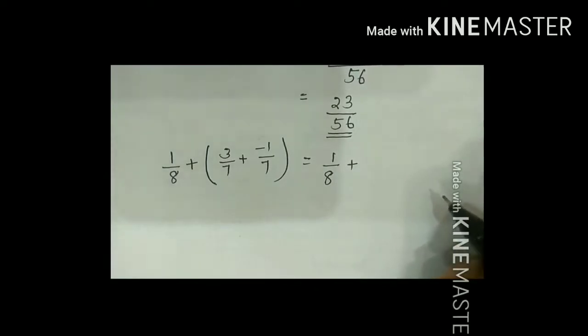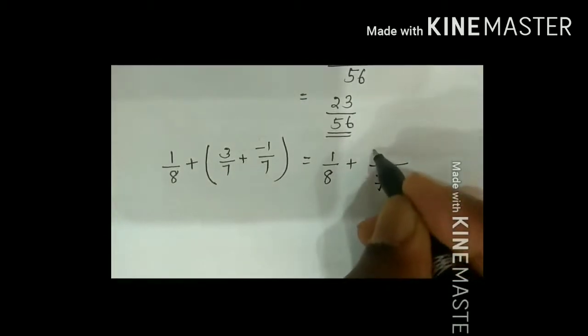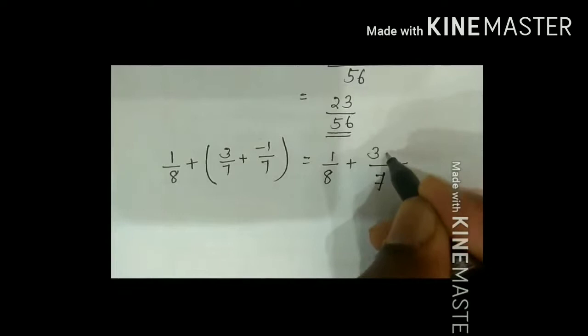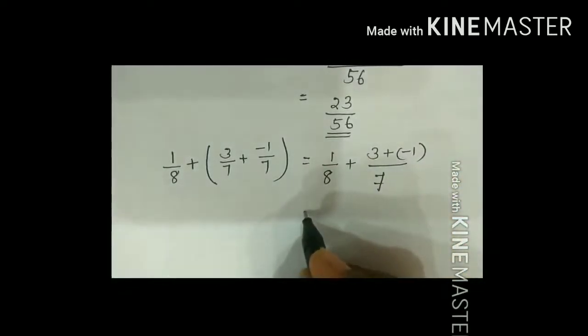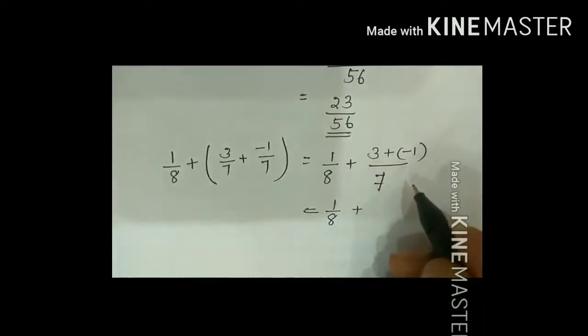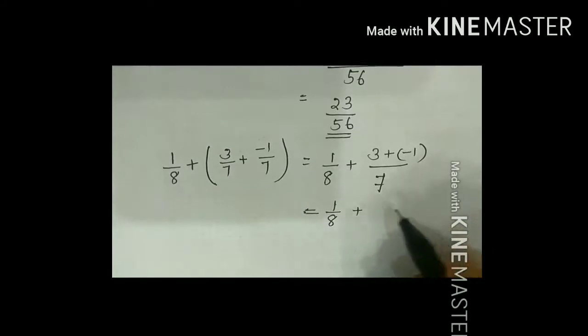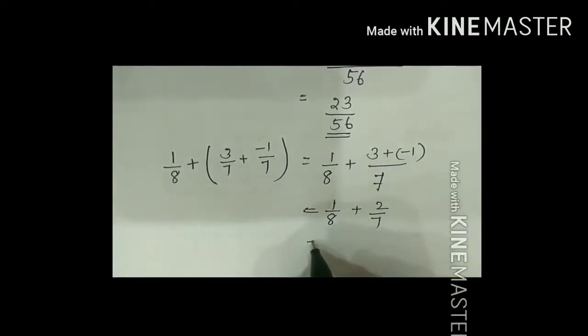The denominators are 7 and 7, so the same denominator 7. Numerator will be 3 plus minus 1, right? So 1 by 8 remains the same, plus 3 plus minus 1. What is 3 plus minus 1? It is equal to 2 by 7. Now we have got the result, which is 2 by 7.